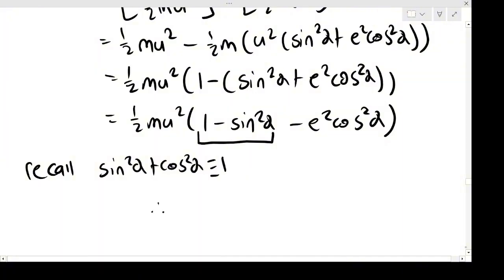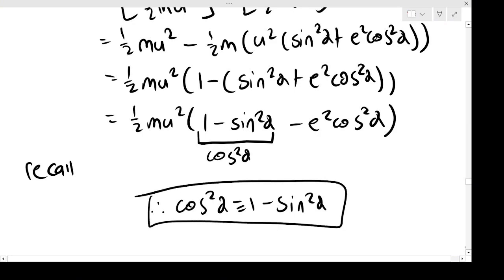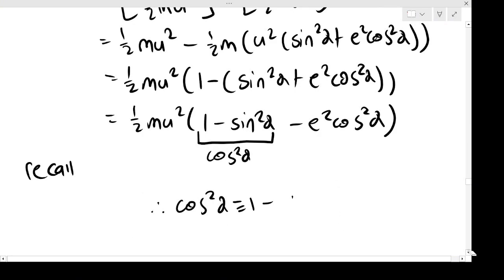And so if I subtract sine squared from both sides, that's just cos squared, isn't it? So 1 minus sine squared goes to cos squared due to what we've done here. I can sub this in. Hopefully happy with that.